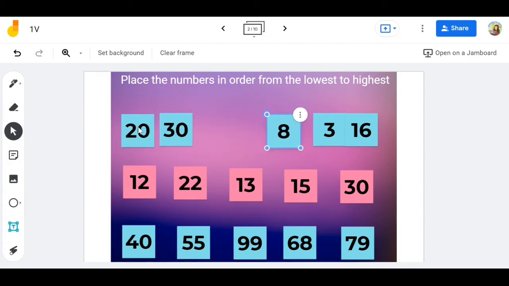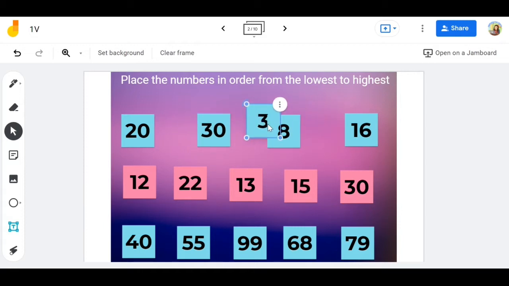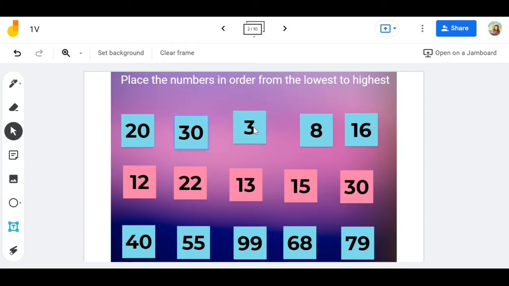So we want to put them from the lowest to the highest. I've just had a little play around with it, but I'm not putting it in order. I just want to show you how you move them. You just need to click on them, and if you're using a mouse, you'll hold down to move your numbers. Keep all of the numbers in the same row that they're in, but sort them from the lowest to the highest number.